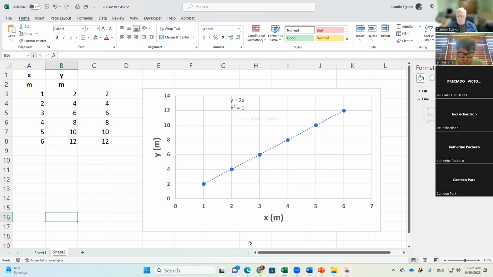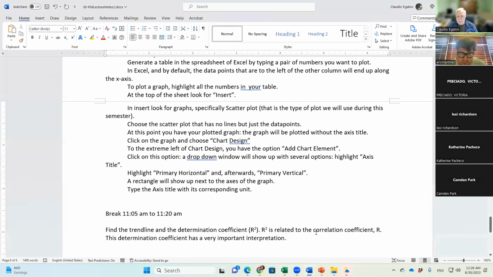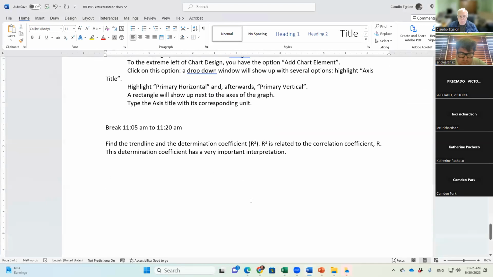Okay, let's write it down. The determination coefficient has values between 0 and 1. And what does it mean?